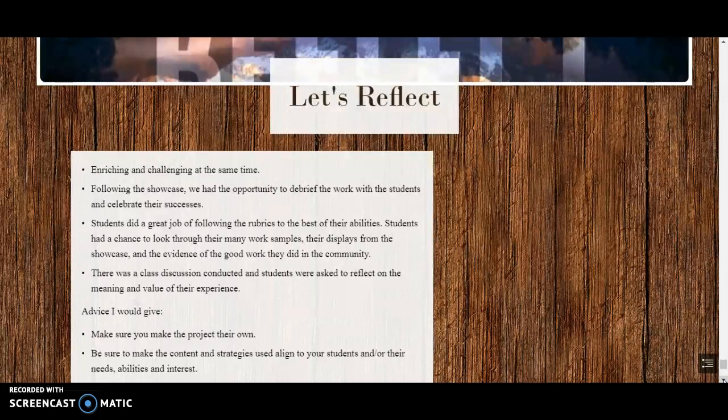I saw the amount of support that they received from their teachers, myself, and the community members, and the sense of pride they got from learning things about their family members that they did not know beforehand. The students did a great job of following the rubrics to the best of their abilities. They had a chance to look through the many work samples, displays from the showcase, and evidence of the good work that they did in their community.